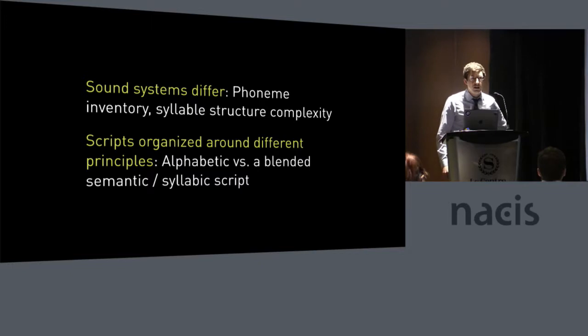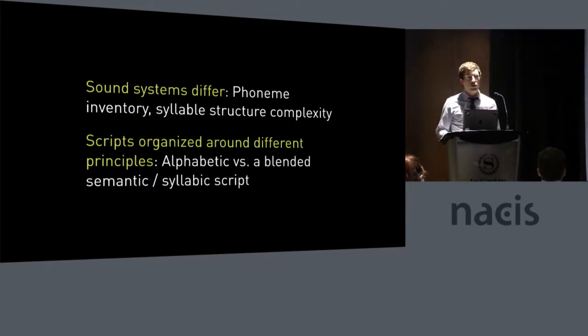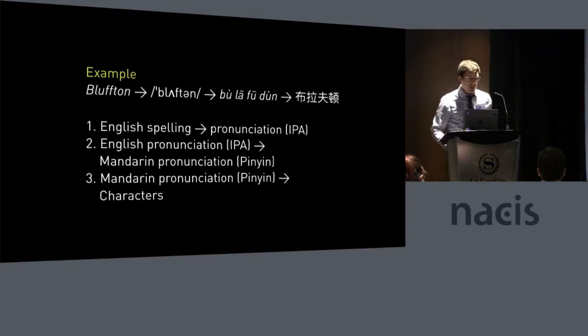In addition, the syllable structure must be constrained much more drastically in Mandarin than in English. And the languages use very different scripts. English uses an alphabetic script, and Mandarin uses a script in which each character represents both a syllable and an associated component of meaning.